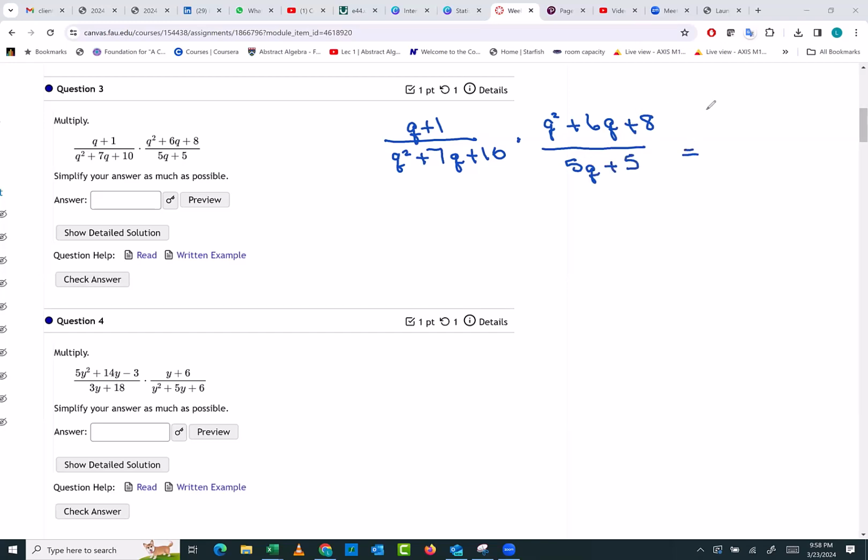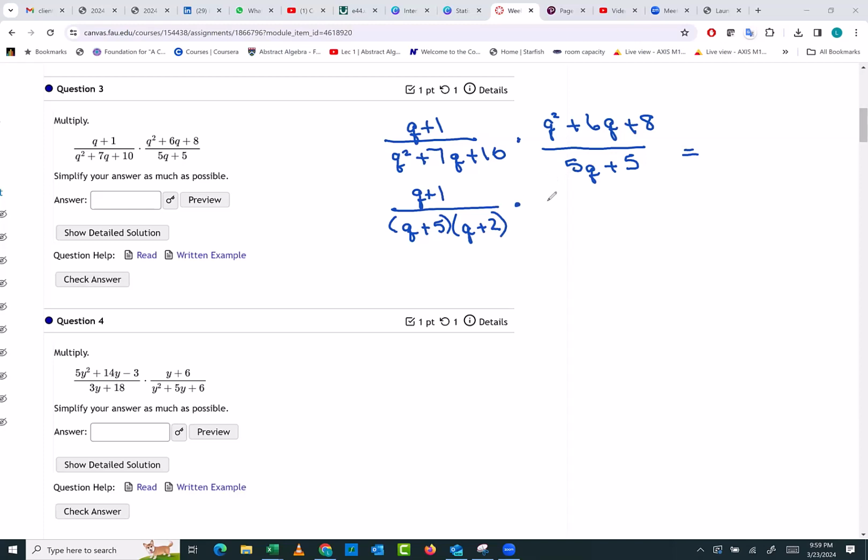Remember, the first thing I want to do is factor. I can't factor q plus 1. It stays the same. I can factor the denominator, and I get q plus 5 times q plus 2.